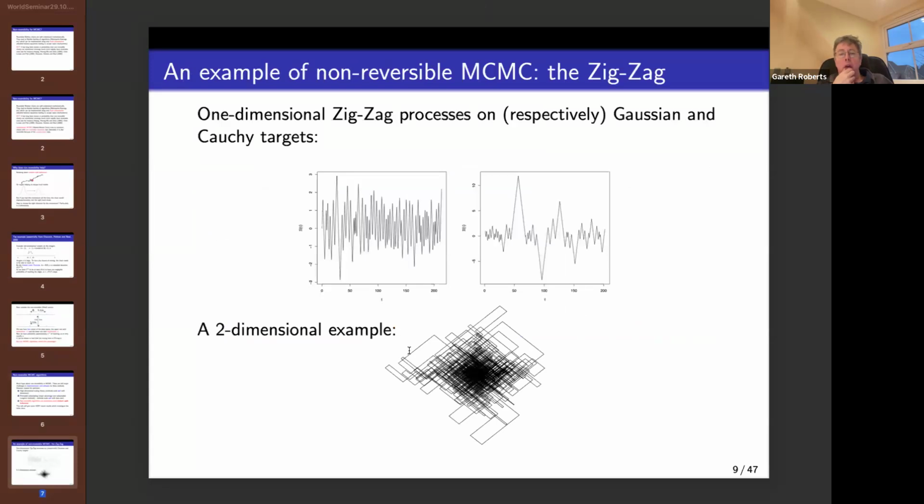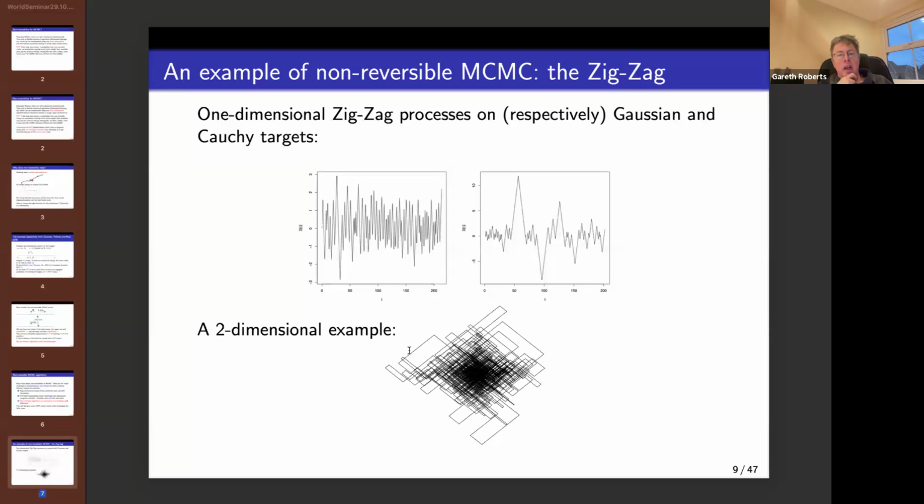Okay. Oh, and just to show you, in case you haven't seen, these are examples of some of the PDMP methods that people are using. These are zigzag algorithms. The top 2 are just one-dimensional ones given as time series, and the one below is a trace plot of a 2-dimensional zigzag algorithm.